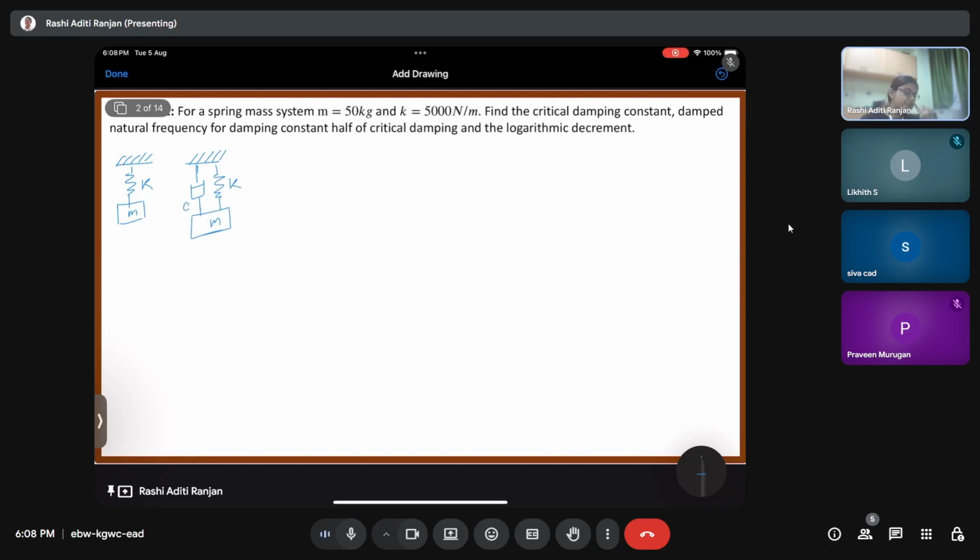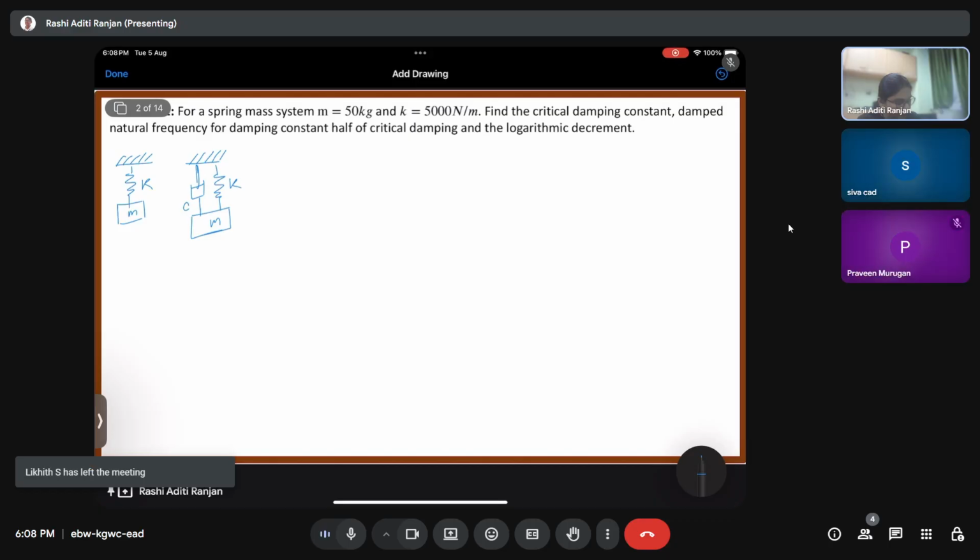Now we have introduced damping into the system. What was the need of adding damping? It's known to us that in a physical system there is always dissipation of energy, and for that we added damping, right? If you remember, for this system, if we gave any kind of perturbation, it had a vibration like this with respect to time.